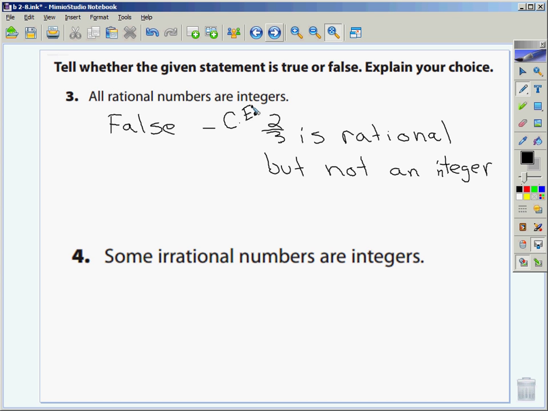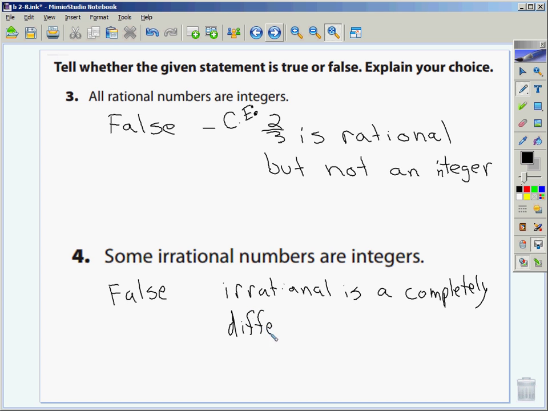Some irrational numbers are integers. True or false? False. I can't think of a counterexample for this one. But irrational is a completely different subset of real numbers.